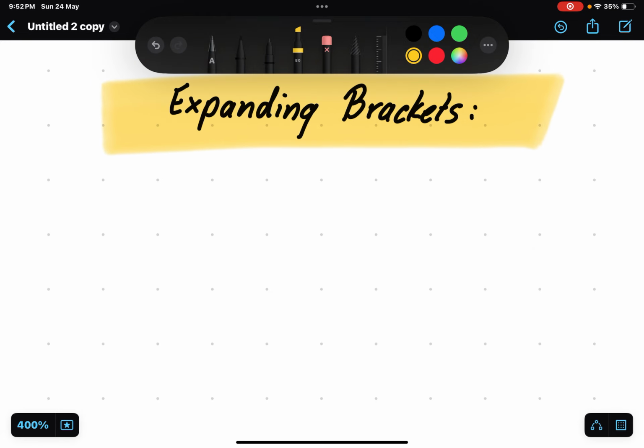So to start with, let's start with a simple one where we've got 2x, and we're multiplying it by 4x minus 7. So here, let's imagine this has a bracket and that has a bracket. Now, what I mean by multiplying each term, we need to first identify each term.